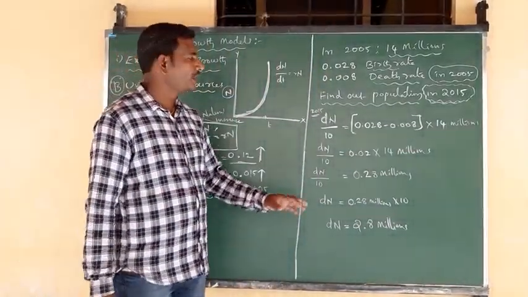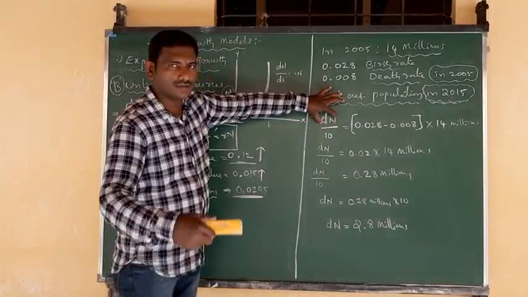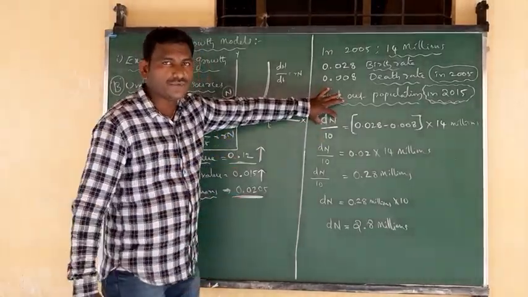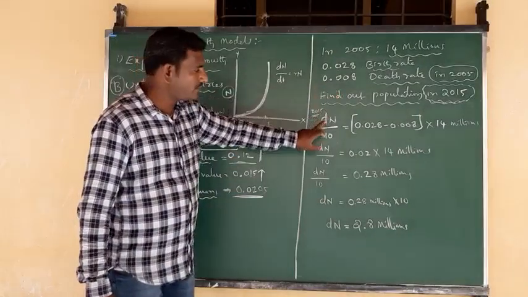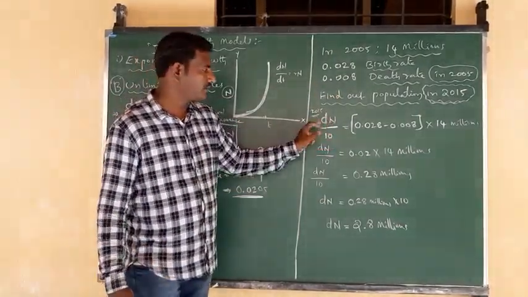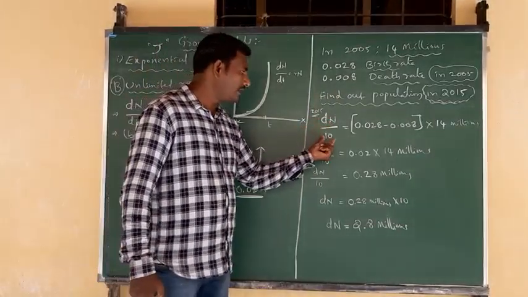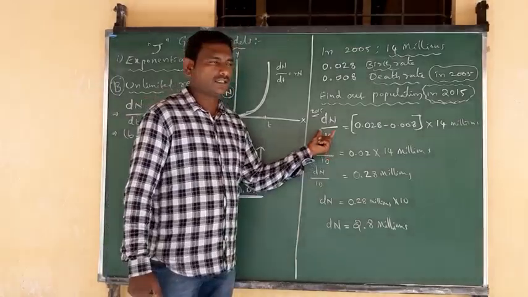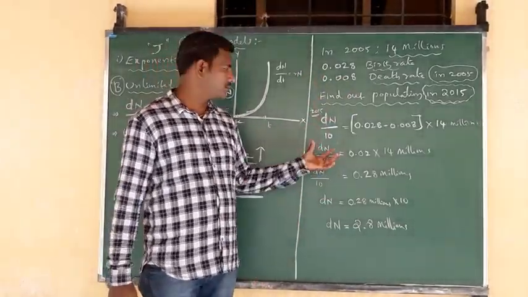Once again, dN/dt. dN is nothing but the population. The future population they are asking about, we don't know. So we keep dN as it is. dt means time. The time interval from 2005 to 2015 is 10 years.